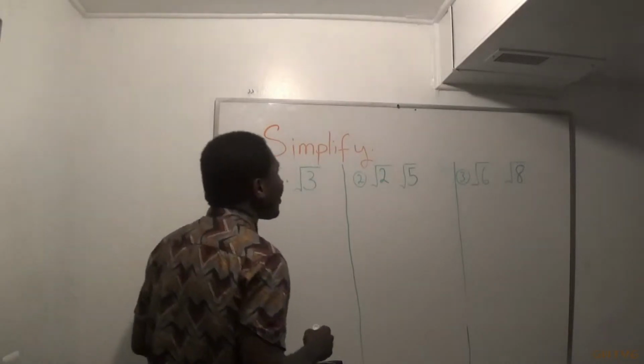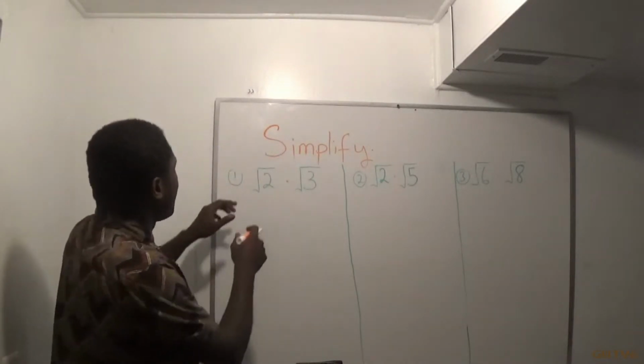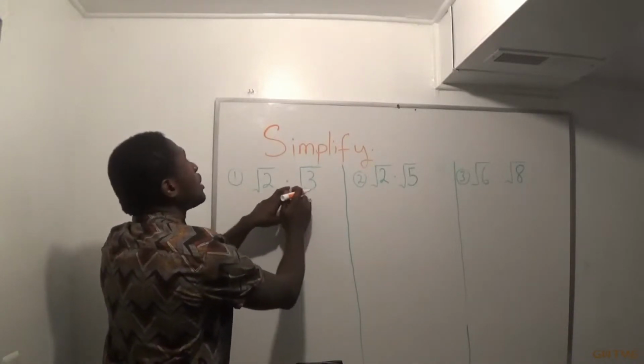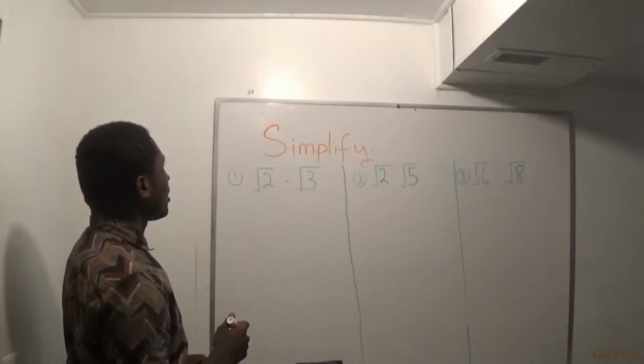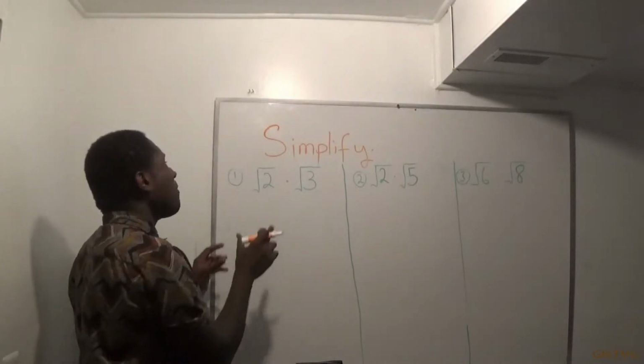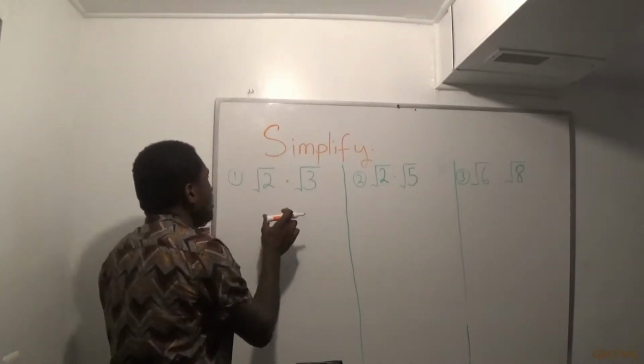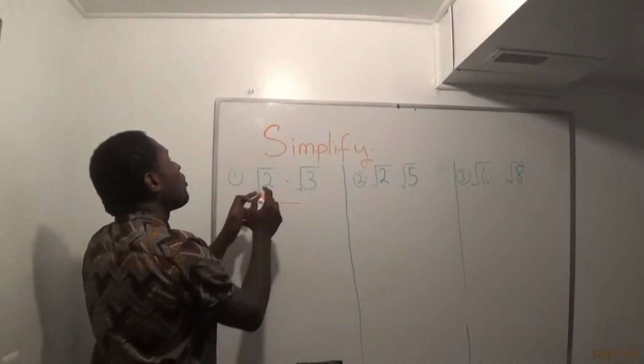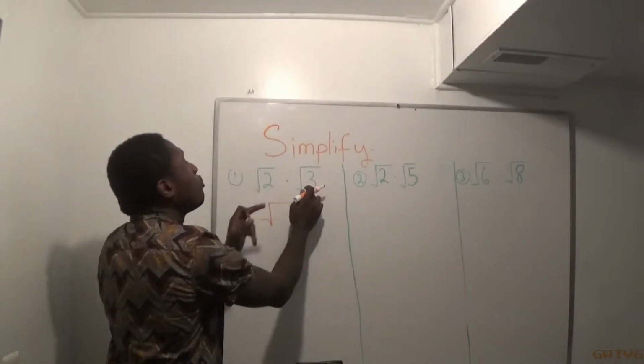So how am I going to simplify this right here? A square root times a square root. So square root of 2 times square root of 3. I know that whenever I'm multiplying square roots, I keep one square root and then I multiply what I have in those square roots.